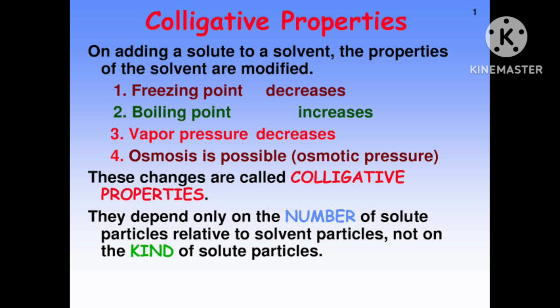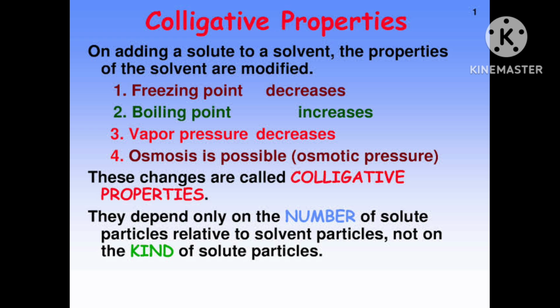The reduction in the vapor pressure of the solvent is called delta P1, and is given as delta P1 is equal to P1 naught minus P1.